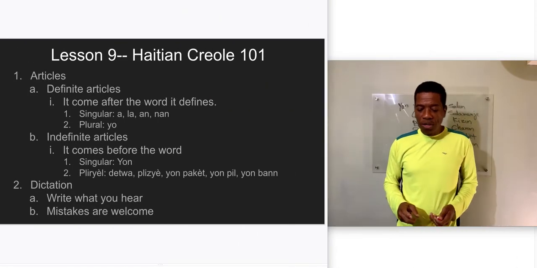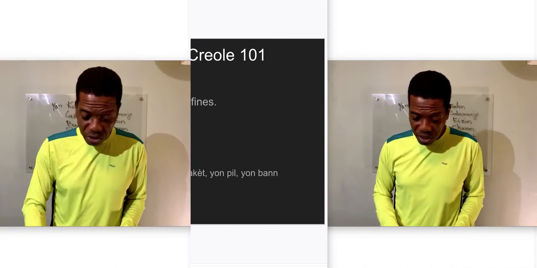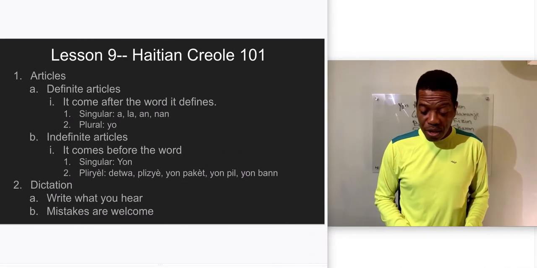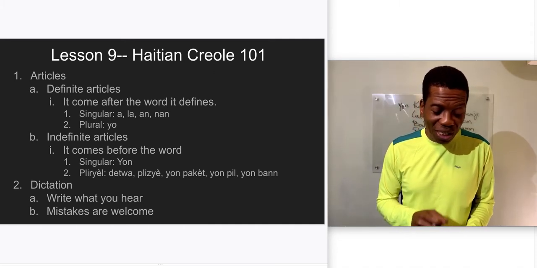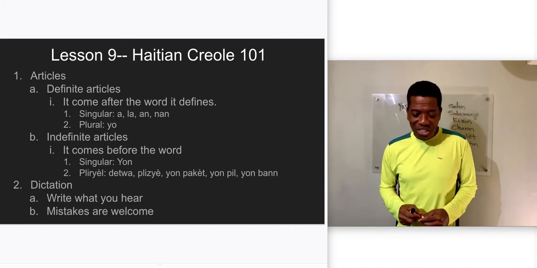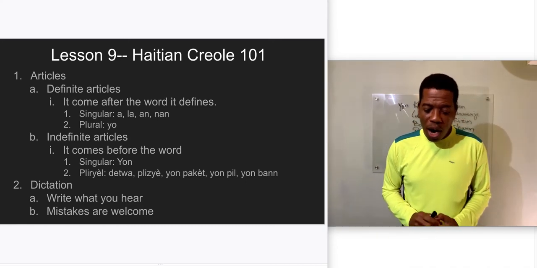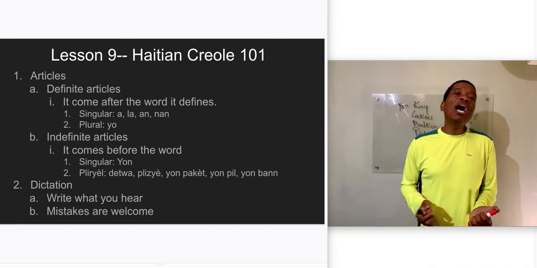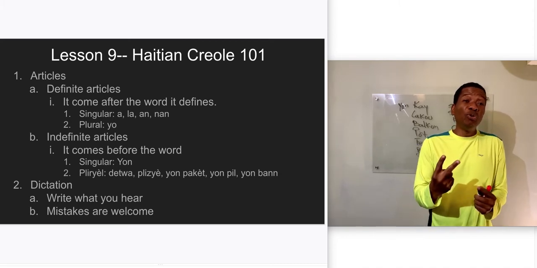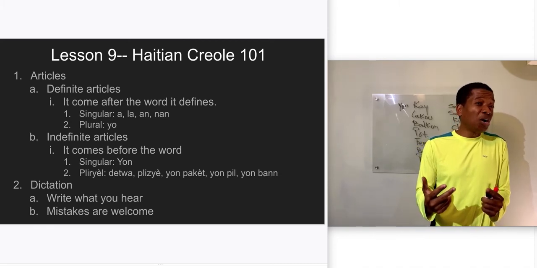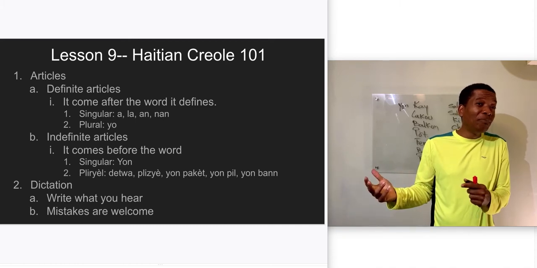For the plural, you're gonna have many words for it. You can see them on your screen. Those words you see on your screen, they don't tell you a specific number. For instance, détour. When you say détour, you know how you say a couple in English? Normally, when you say a couple, it should be two. But a lot of times you say a couple and it's not many, but it's not two either.